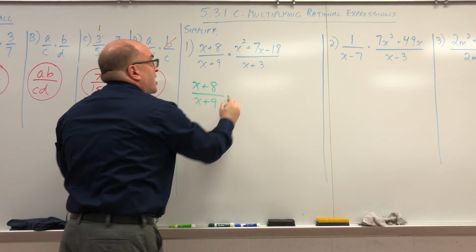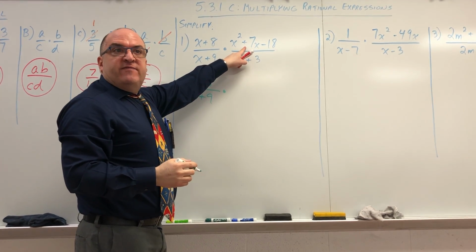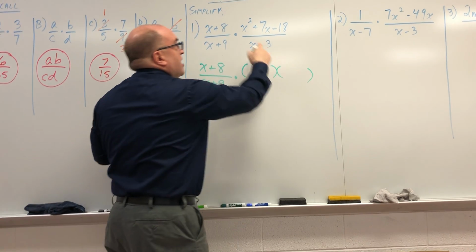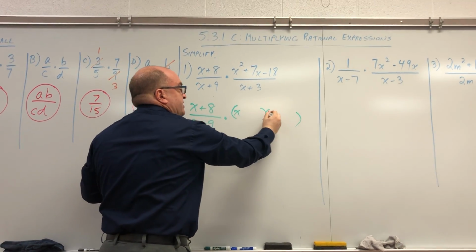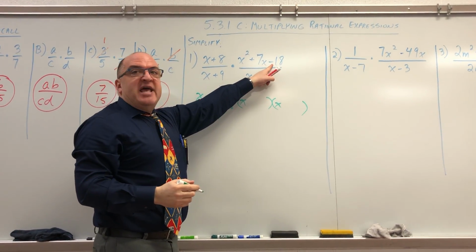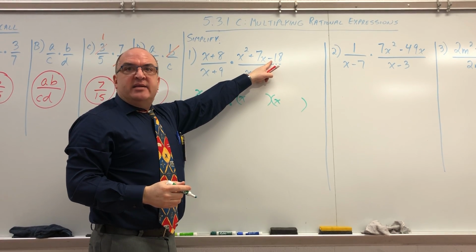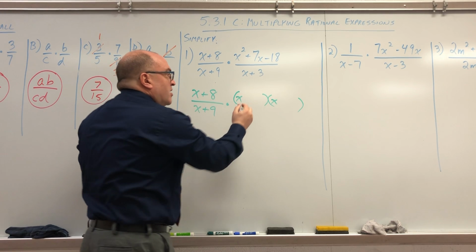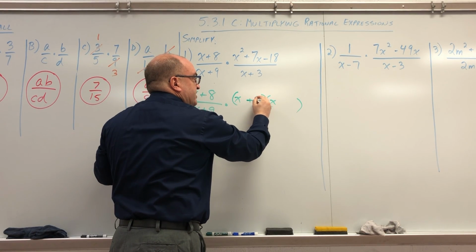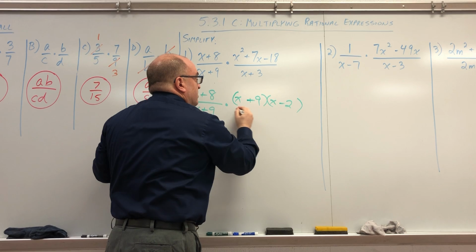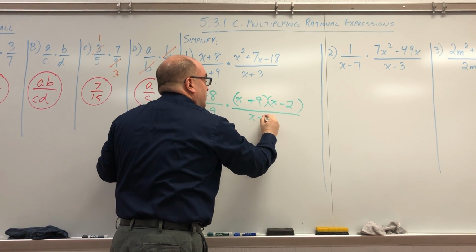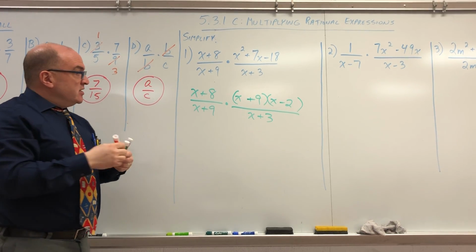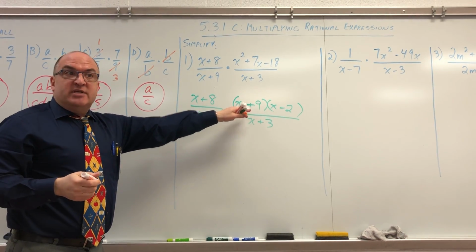So, this factors. What times what makes x squared? X times x. What times what makes negative 18 that combined, added together, makes positive 7? 9 and negative 2. Plus 9 minus 2 over x plus 3. Now, what cancels? See this x plus 9?